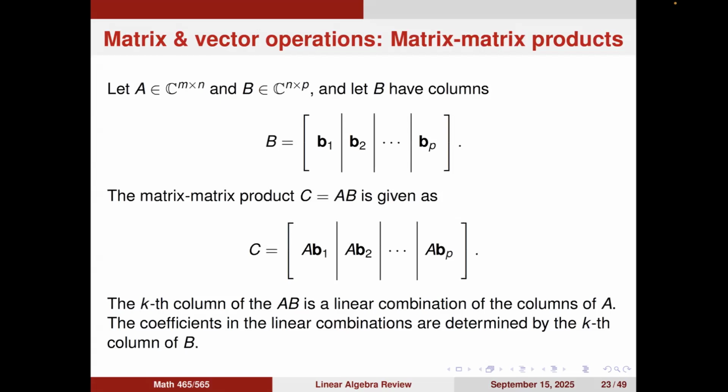For matrix-matrix products, we're going to assume that A has shape m by n, B has shape n by p. Notice that this n here has to be equal to that n there. And let b1, b2, up to bp be the columns of B, then the matrix product is defined by giving A times the first column, A times the second column, A times the third column.